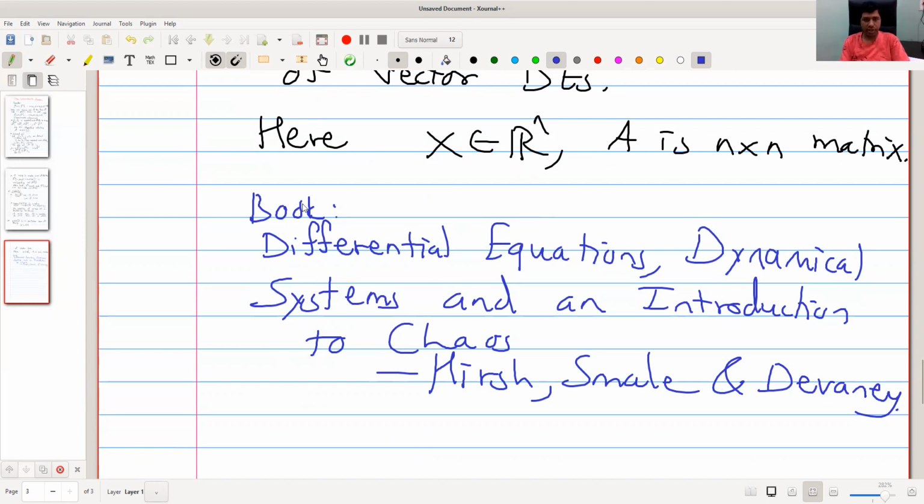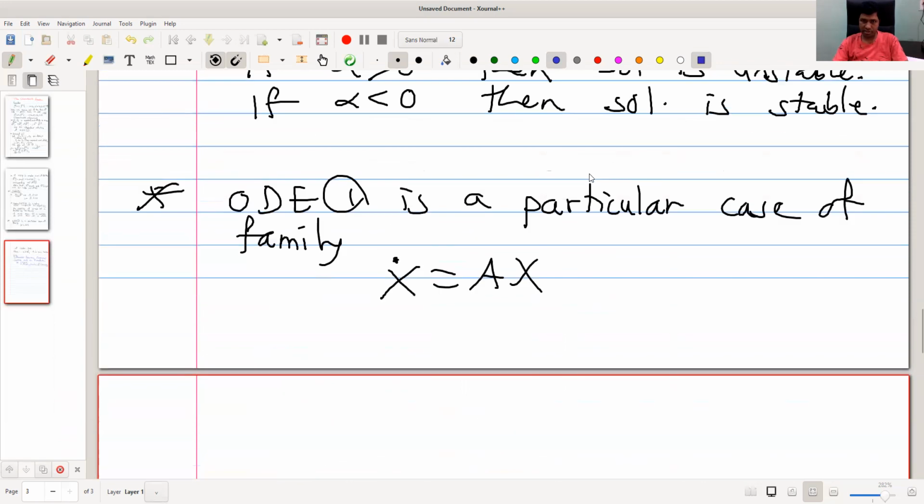This is a nice book where this stability analysis is discussed.